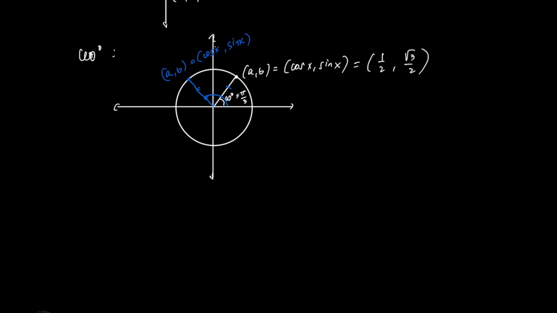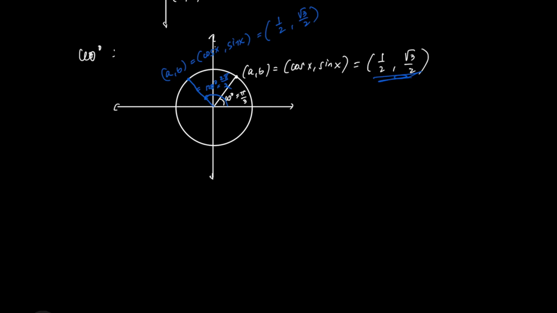This angle here is 120 degrees, or in terms of pi, that's 2 pi over 3. Okay, so meaning from our previous lesson, that is also 1/2 and square root of 3 over 2. Since they are symmetrical, you can just copy this ordered pair.